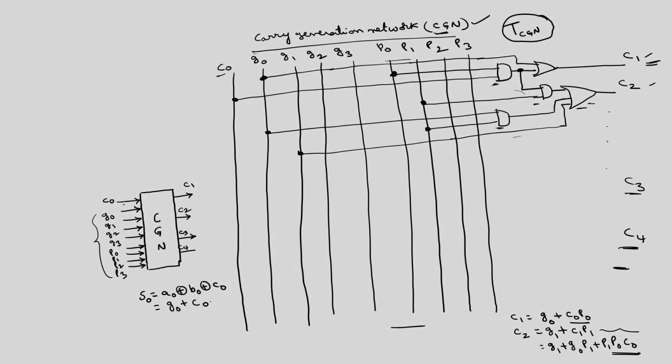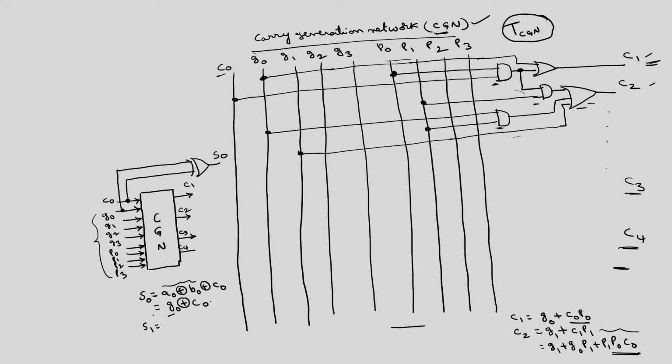So, this you can take from here itself. Because A0 B0 is exclusive OR of G0, this is exclusive OR, and this will give some bit S0.